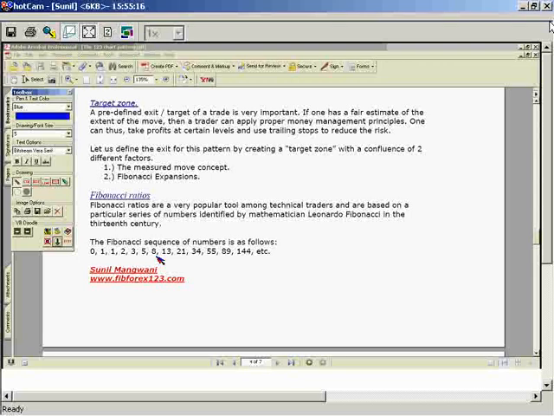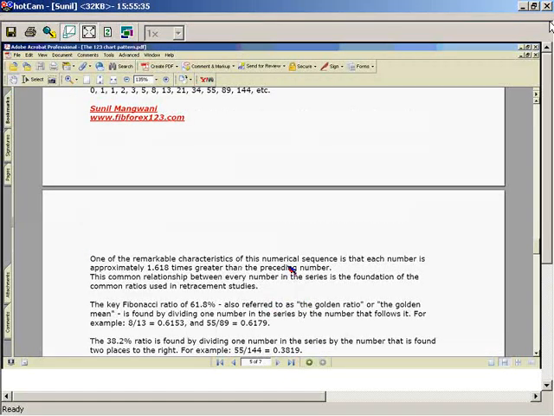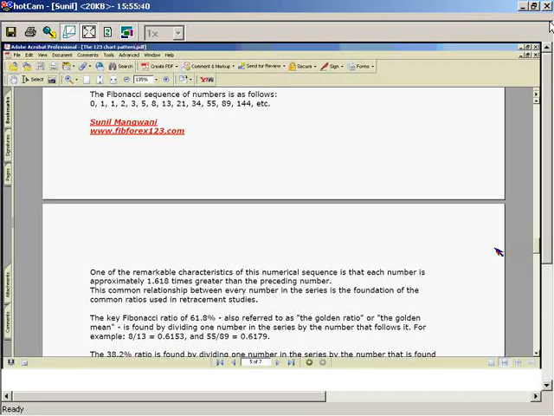So 13 is always an addition of 8 plus 5. 21 plus 34 will give you 55. 55 plus 89 will give you 144. This adds on to infinity. Now, this by itself is not so important, but the remarkable characteristic of this one is that each number is approximately 1.618 times greater than the preceding one.